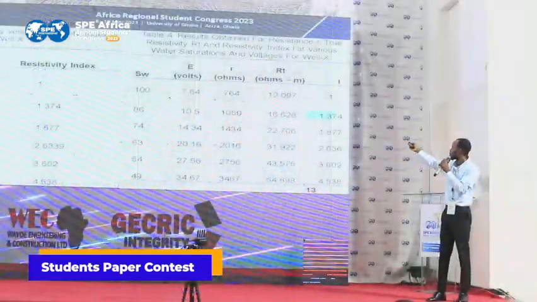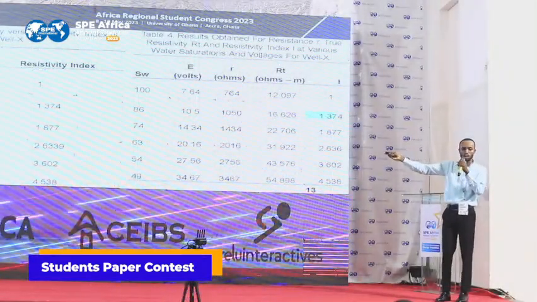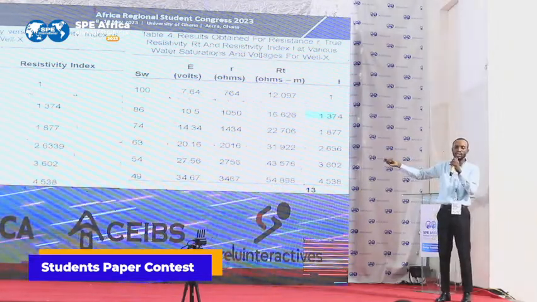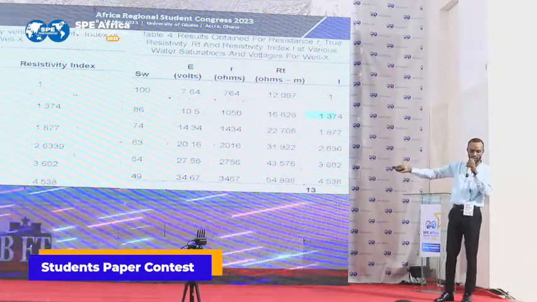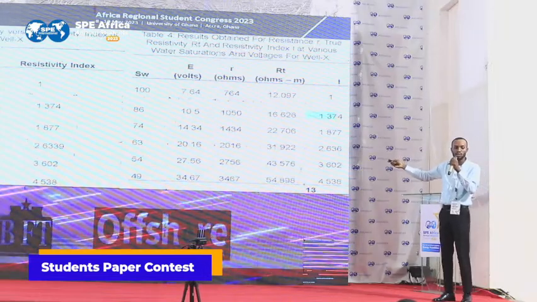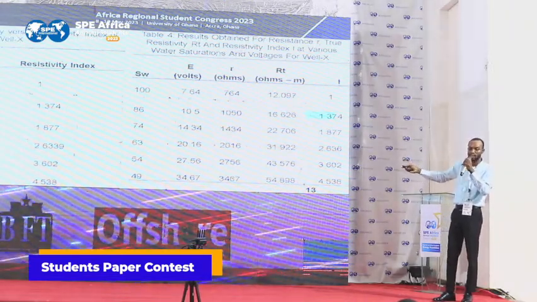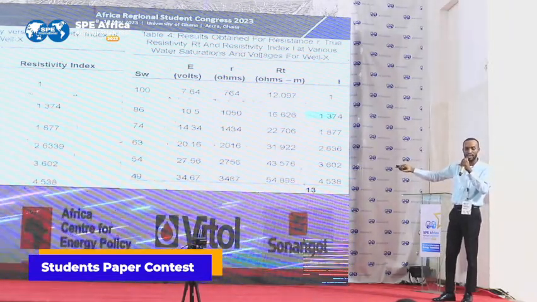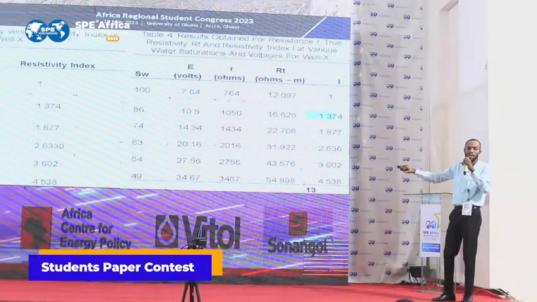I need to plot a graph of resistivity index against water saturation to determine my saturation exponent, and use it to find my porosity for wells Y and Z, which have their own porosity generated from the graph.